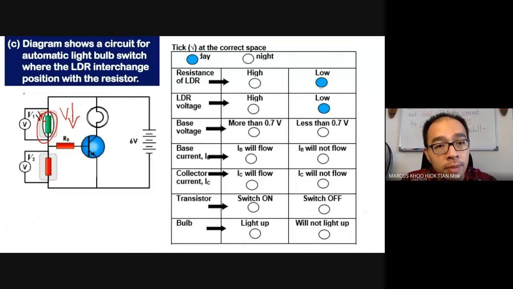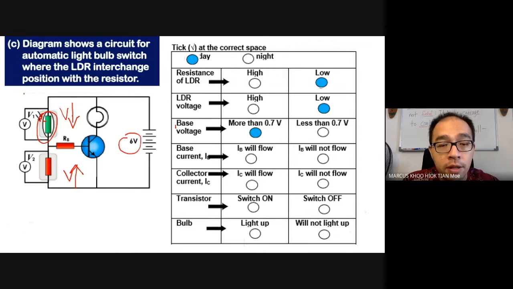So what happens to the base voltage? Remember the potential divider circuit. See, this is 6 volts, right? Kalau sini voltage is low, sini voltage will be high, because there's only a little bit of voltage given here. So it will be more than 0.7 volts.